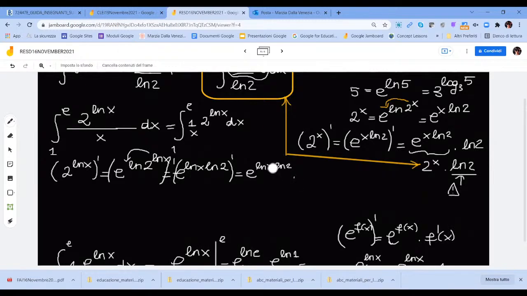Now is the function logarithm of x multiplied by logarithm of 2. That means the derivative of logarithm of x is the constant times 1 over x. So that means you have, again, 2 to the logarithm of x. That was what we had before, times logarithm of 2 divided by x.